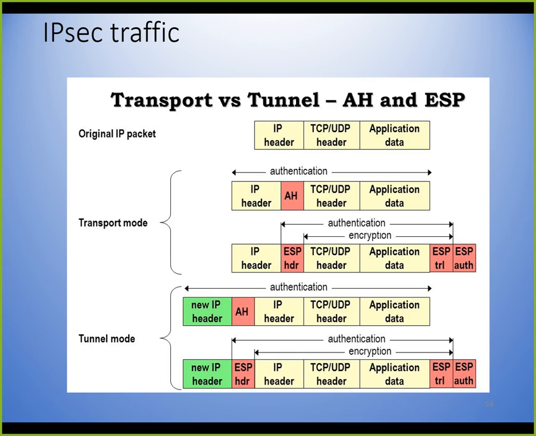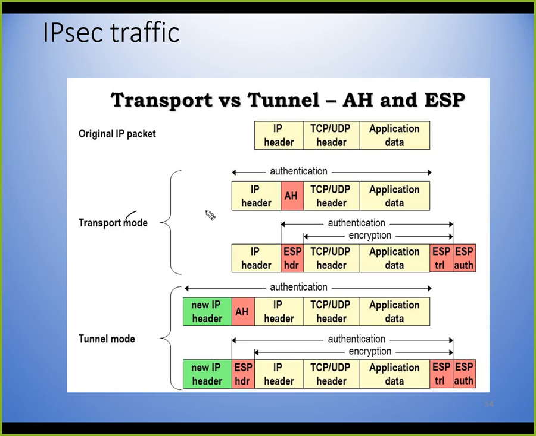These are the different ways that tunneling can be set up. So here we have the original packet. Up here, we have the IP header, the IP address, the TCP header, and the application header. So we have all of the information, the application, and as we get down, we have the header information on it and encapsulation.